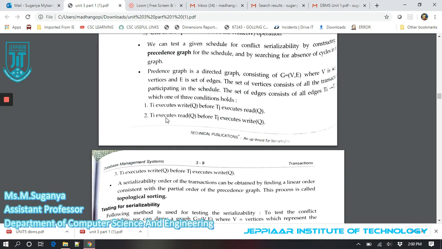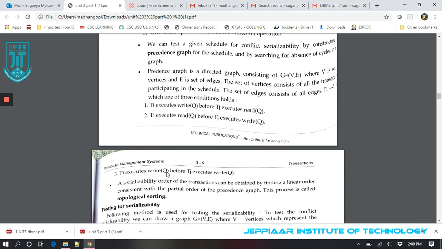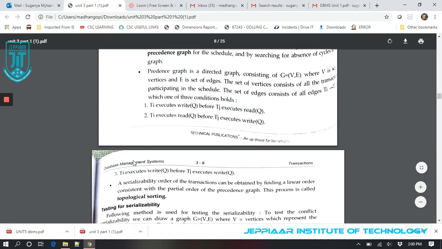Second, if Ti executes a read operation on data item Q before Tj executes a write operation on Q, then also you draw an arrow from Ti to Tj. The third condition is, whenever Ti executes a write operation on data item Q before Tj executes a write operation on Q, you draw an edge from Ti to Tj.